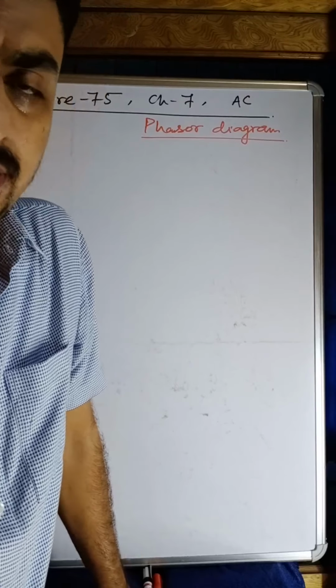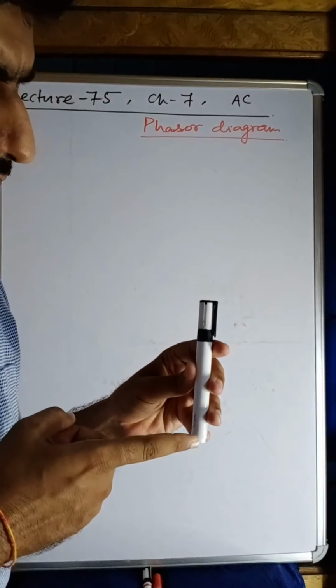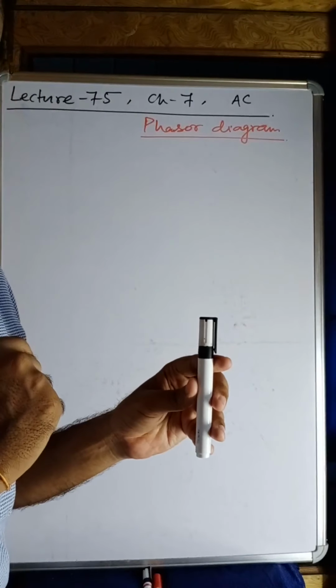For example, if I give you the current in any circuit with a peak value of 5 ampere, then we will use the length of the phasor as 5 ampere.